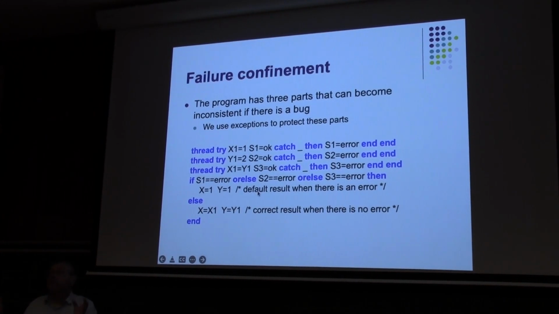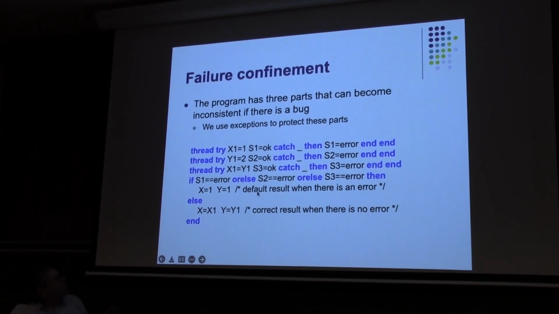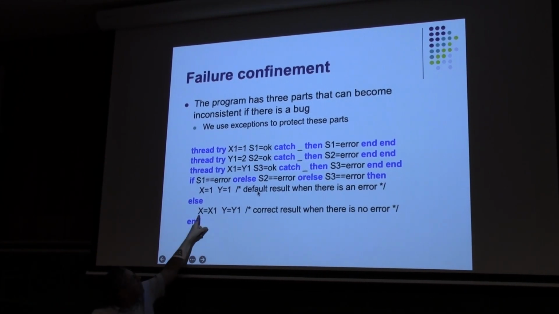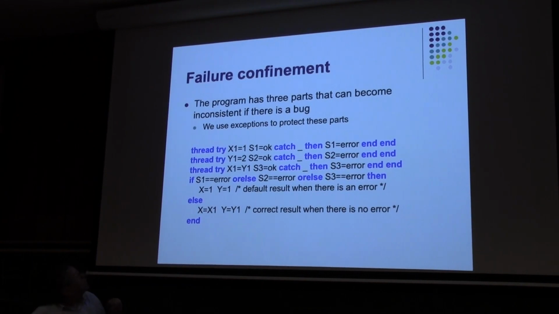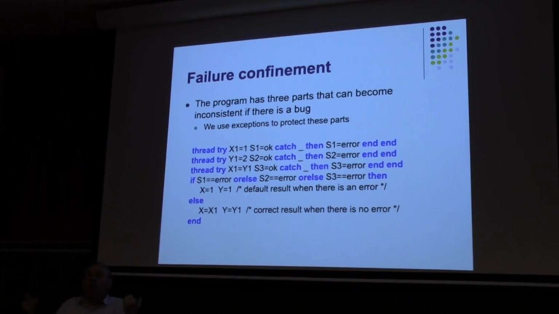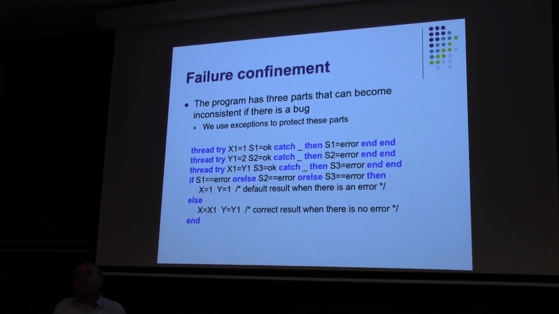So I'm hiding the non-determinism. But if there's no error, then I pass up x1 and y1. If there's an error, I hide it and make the program deterministic again. That's something you sometimes have to do. That's the real world for you. And this is called failure confinement.